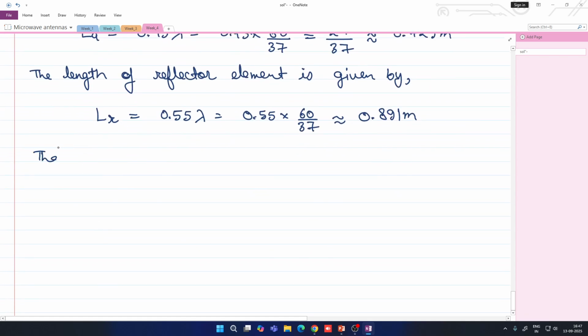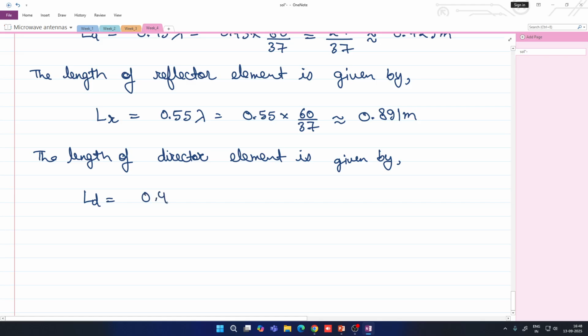And the length of the director element is given by 0.4 times lambda, where lambda is 60 by 37.